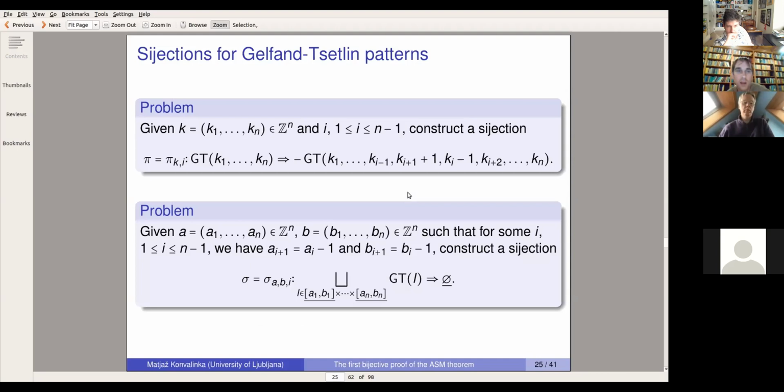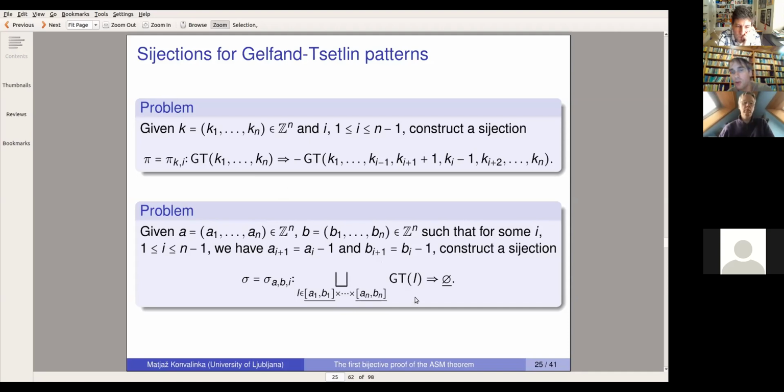Okay, two more sijections for Gelfand-Tsetlin patterns. So if you have GT patterns with bottom row K1 through Kn, you can switch two consecutive numbers. You add one to the second one, you subtract one from the first one, and you get a minus sign. Okay, so again, not too hard. This is also useful. So you have two sequences, and A_{i+1} is 1 less than A_i, and B_{i+1} is less than B_i by 1.